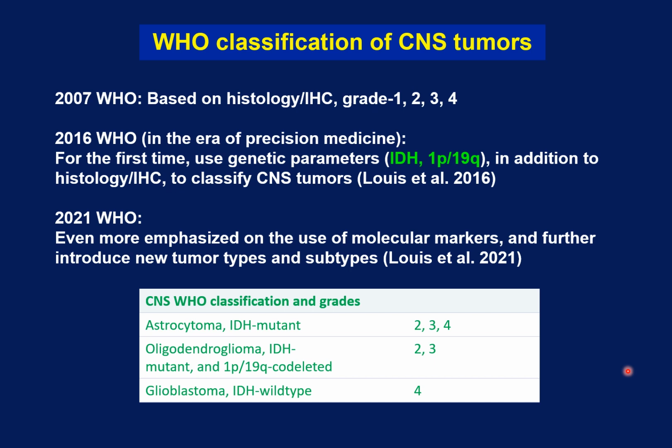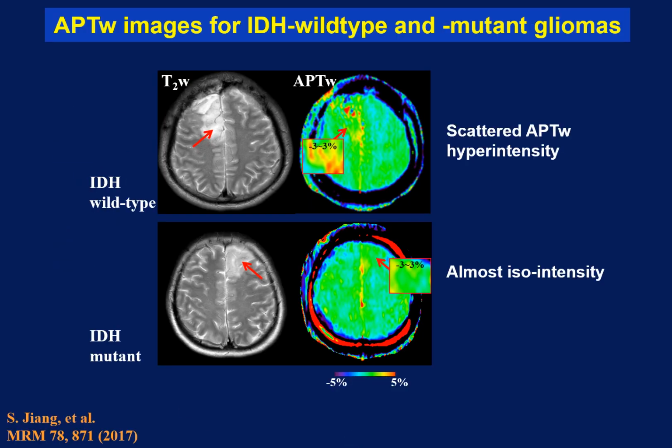So the 2007 WHO was based on tissue histology for tumor classification. And the 2016 WHO for the first time used genetic markers to classify CNS tumors. The 2021 WHO even more emphasized the use of molecular markers.